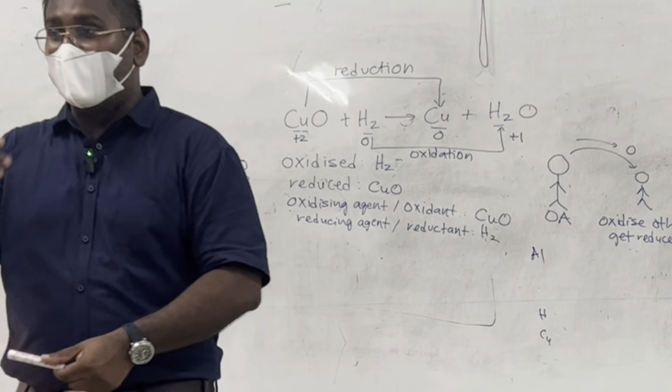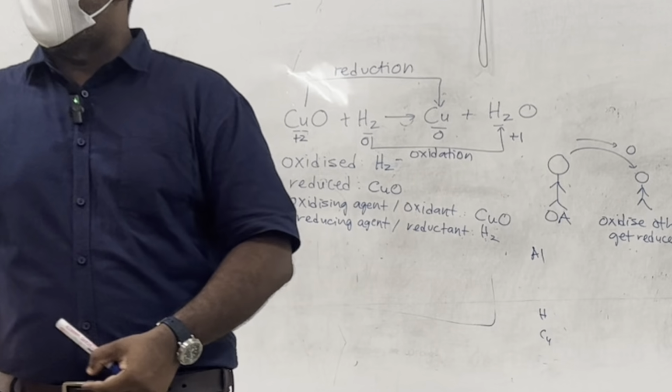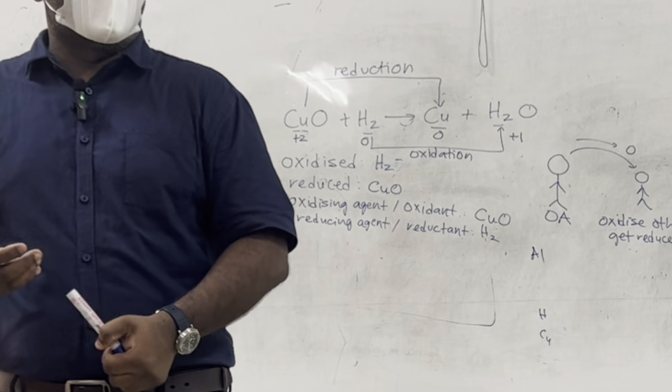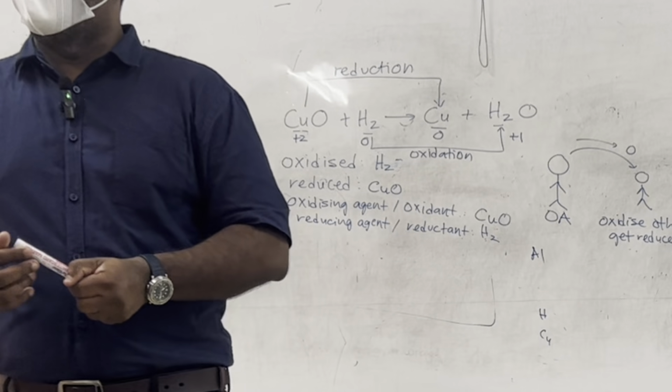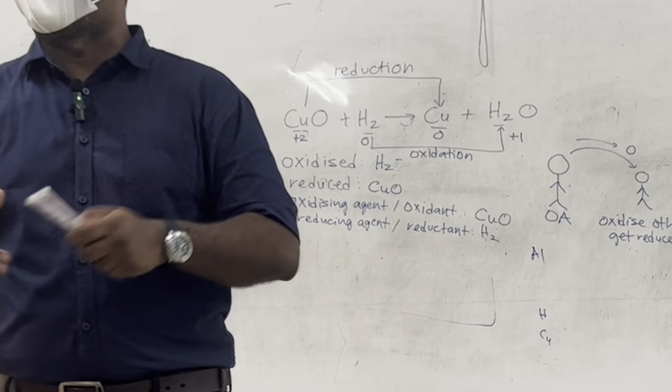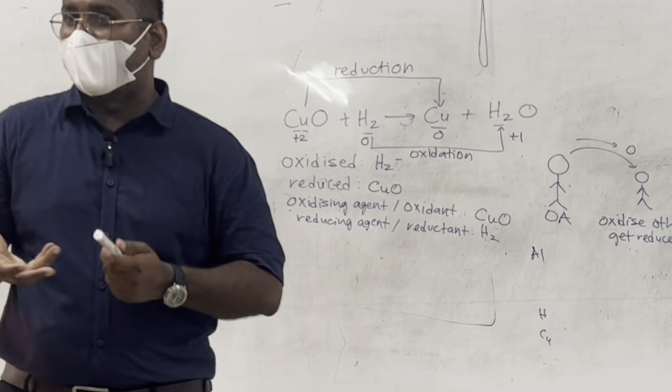This one we will learn later. In IGCSE, you would have learned that extraction of aluminium is done using the electrolysis method also. So that is some extra knowledge for you. Even in JC2, we don't go into detail about it.